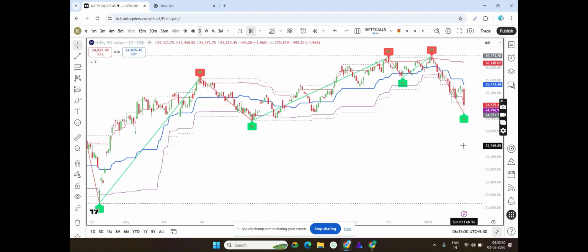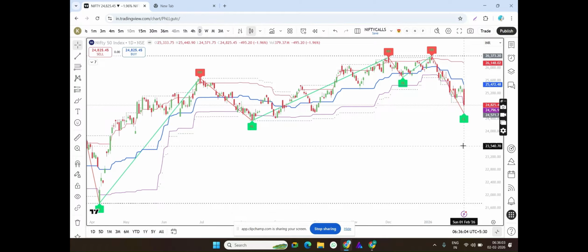So for daily, the trend to change currently, you need to close about 25,472. Okay, and yesterday's high is 25,440.9. So it is pretty decent trend identifier. This indicator will work for you when you need to get a clear idea about the trend, what is happening in markets.